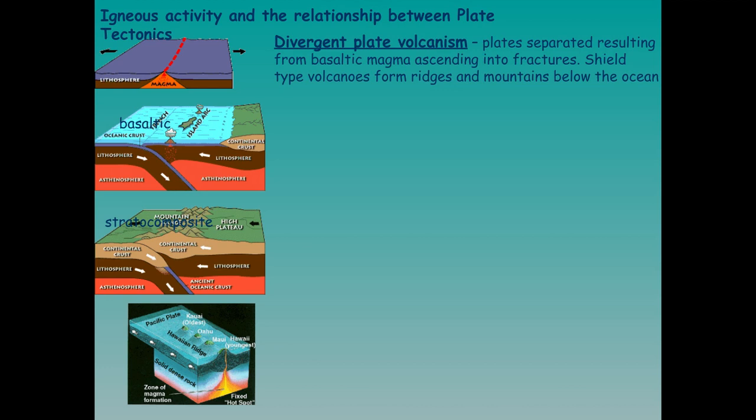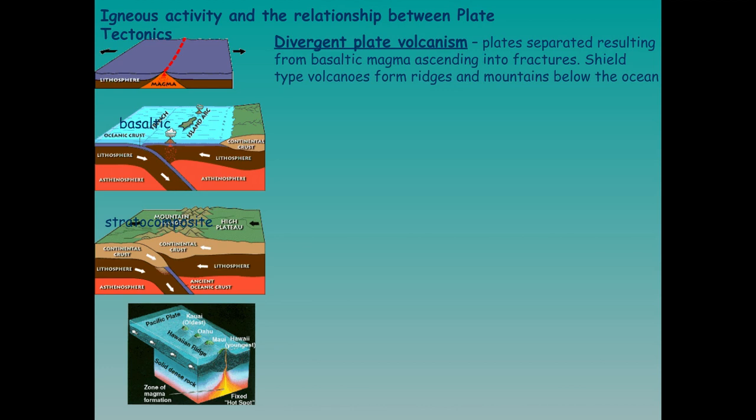And if we look at the ocean floor, we also know that the ocean floor is primarily mafic. And so from divergent plate volcanism, we have basaltic magma that's ascending into the fractures. And because it's mostly basaltic, it's mostly sea floor, compositionally and chemistry-wise, really the Earth is erupting low silica, low viscosity, runny, non-explosive type features.